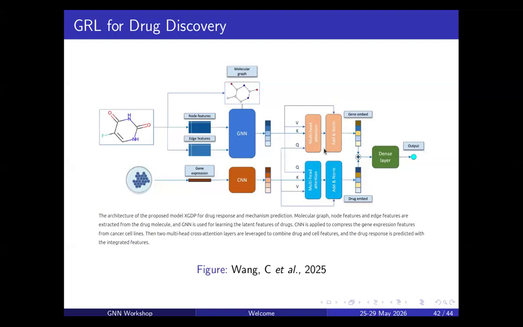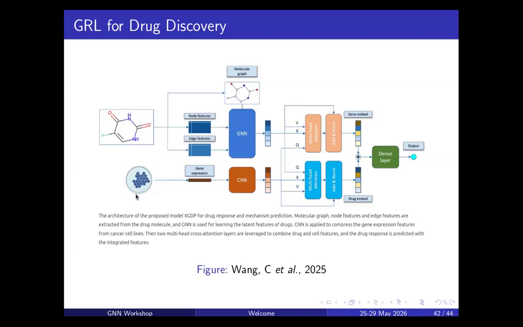So in this example, we have a graph. A molecular graph is there. The molecule itself is a graph. Each molecule has some node features and the corresponding edge features. So this molecular graph is fed to a GNN to get the embedding.